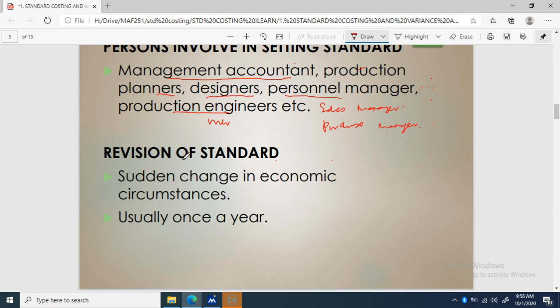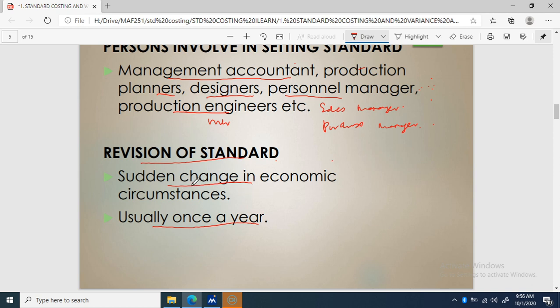That's why the standard should be revised. So, the revision of standards. When should we revise the standard? Normally the standard should be revised once a year. But if there is a sudden change in the economy, even though it is not 1 year yet, you have to revise the standard.